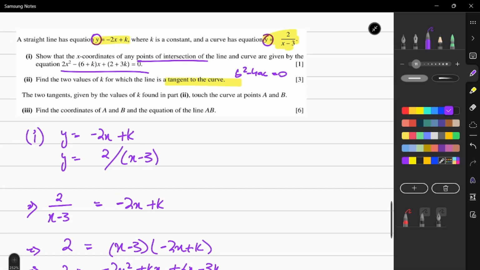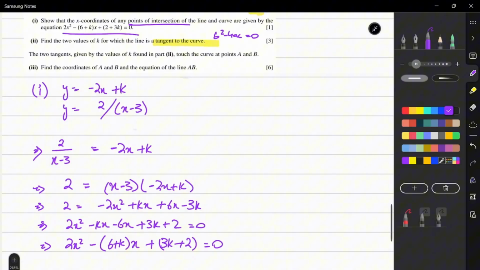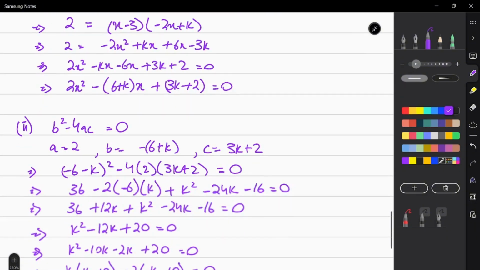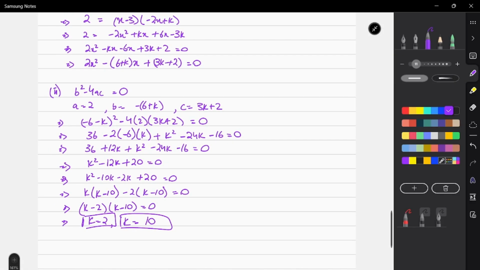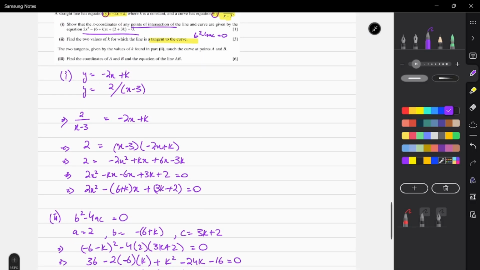The two tangents given by the values of k found in part 2 touch the curve at points A and B. Find the coordinates of A and B and the equation of the line AB. Okay. So here we have two equations now.